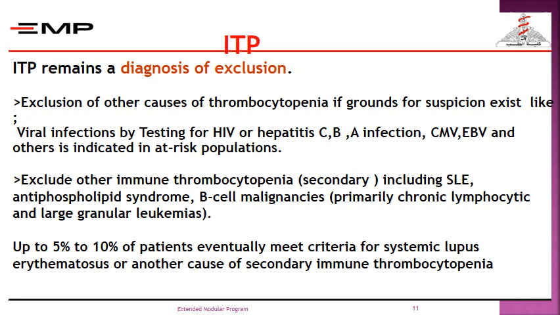Up to 5 to 10% of patients eventually meet criteria for systemic lupus erythematosus or another cause of secondary immune thrombocytopenia. So in 5 to 10% of cases you find it secondary to another disease, especially systemic lupus.